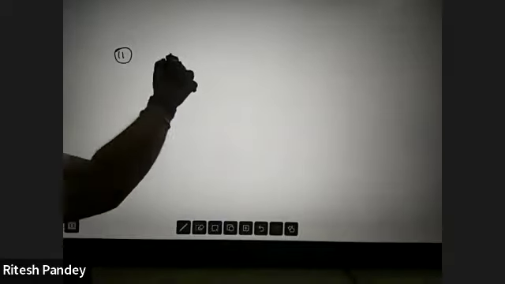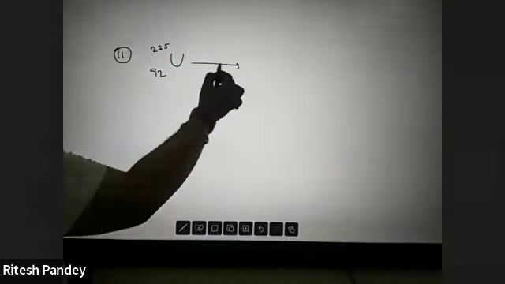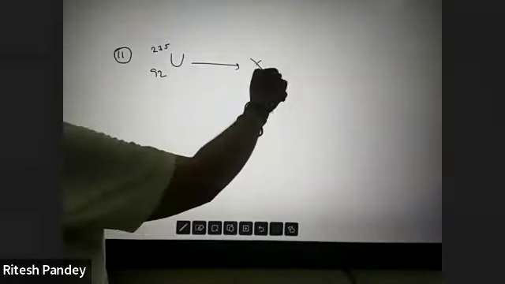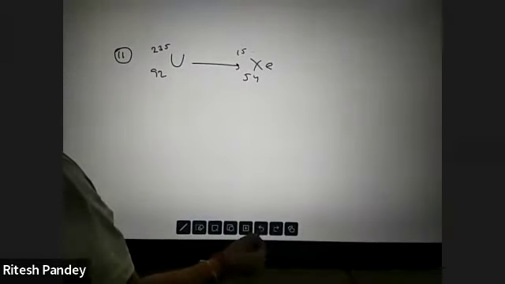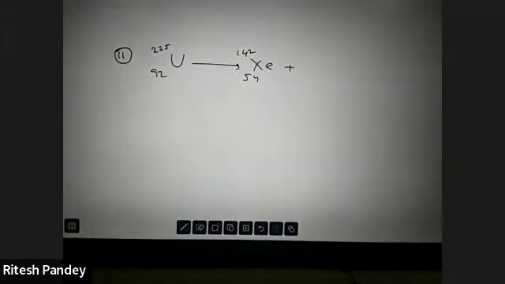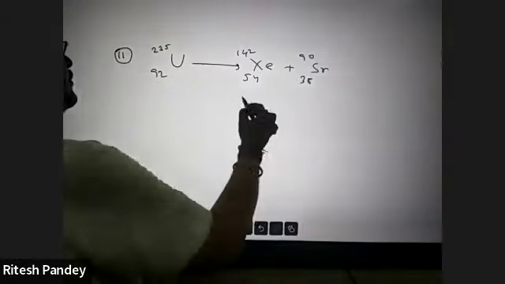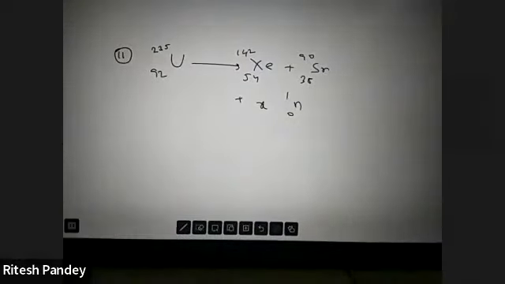Uranium 92-235 is disintegrating to xenon 54-142 plus strontium 38-90. You have to find the number of neutrons which come out of this process.